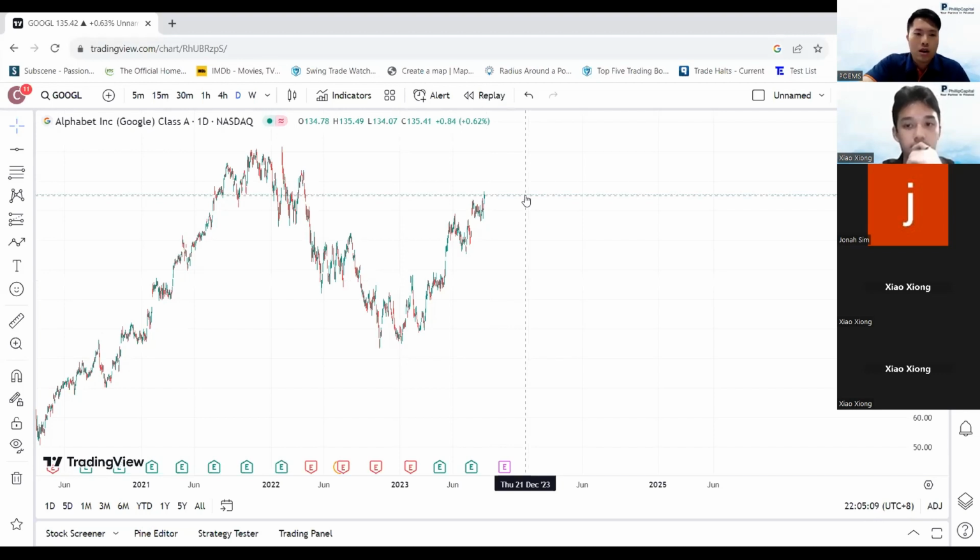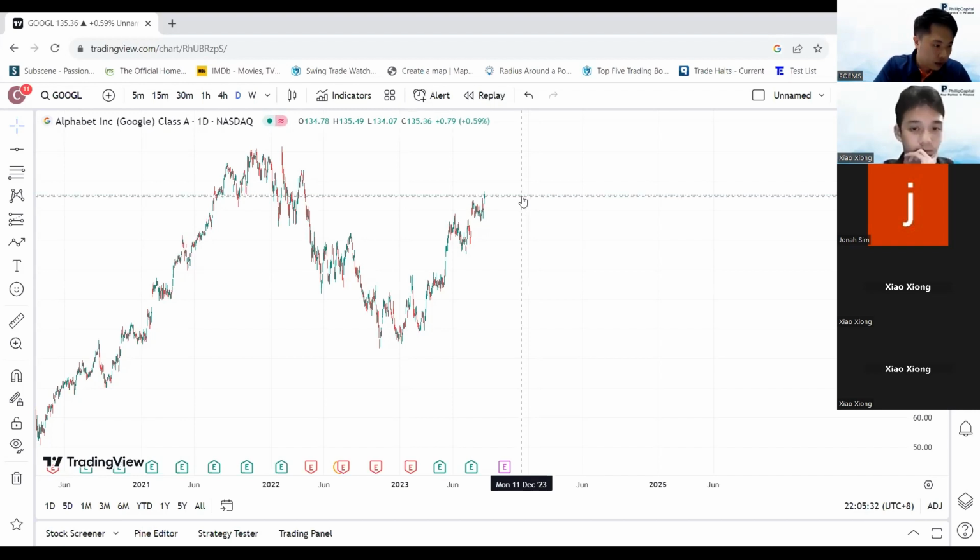But ultimately, chart movement wise, they move in the same direction. There is a slight difference in prices, but the general movements are the same. So that answers Stephen Fu.